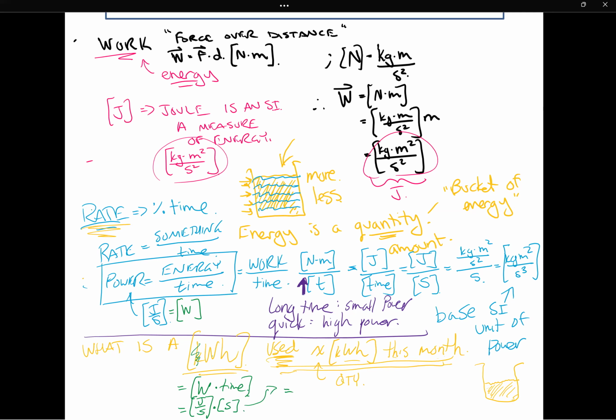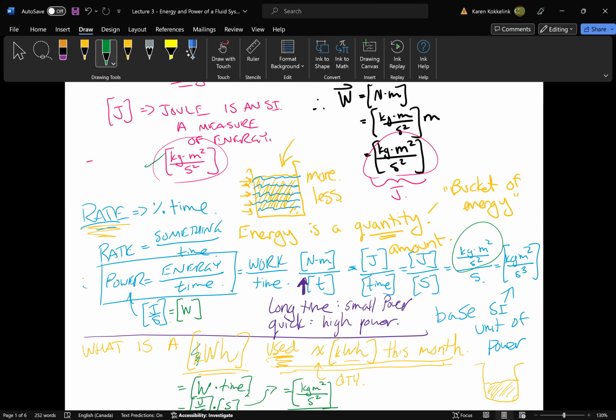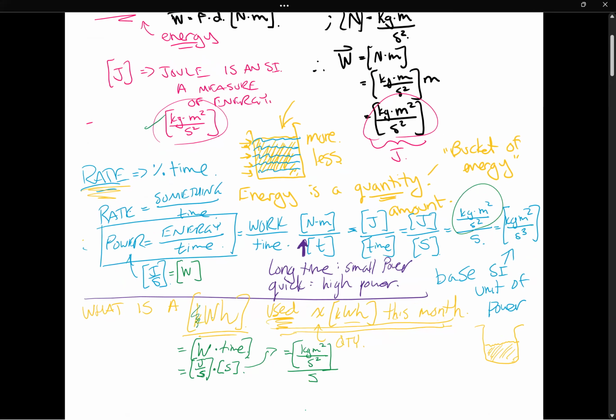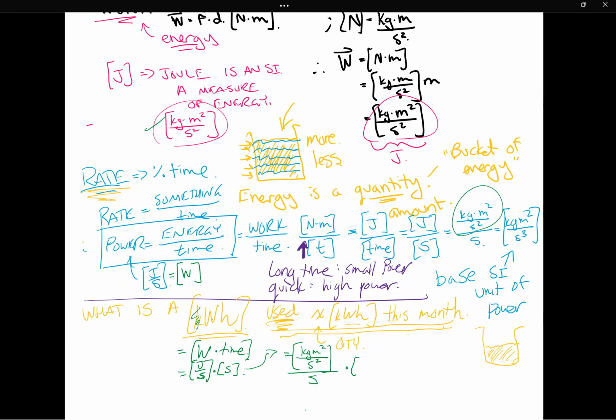And if we break down a joule into its base SI units, then we remember that a joule is a kilogram meter squared per second squared. We kind of have that on the top of our head, and we've also said it here and up here. So this is a kilogram meter squared per second squared, that's a joule, divided by seconds, times seconds.